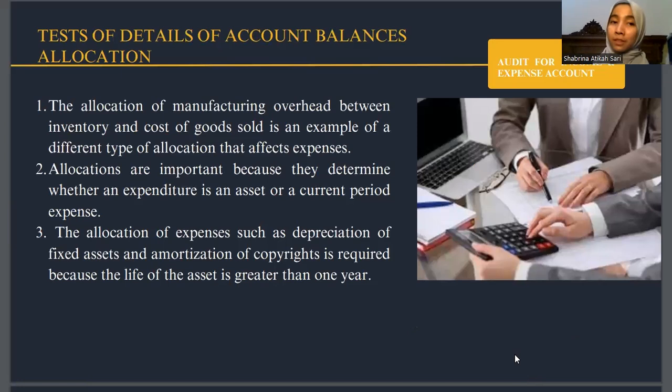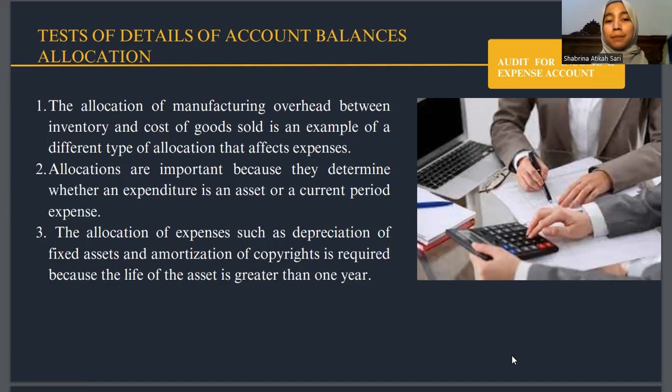Okay, the last material is about the test of details of account balances, allocation. For the allocation of accounting data rather than discrete transactions, such expenses include depreciation, depletion, and the amortization of copyrights and catalog costs. The allocation of manufacturing overhead between inventory and cost of goods sold is an example of a different type of allocation that affects expenses.